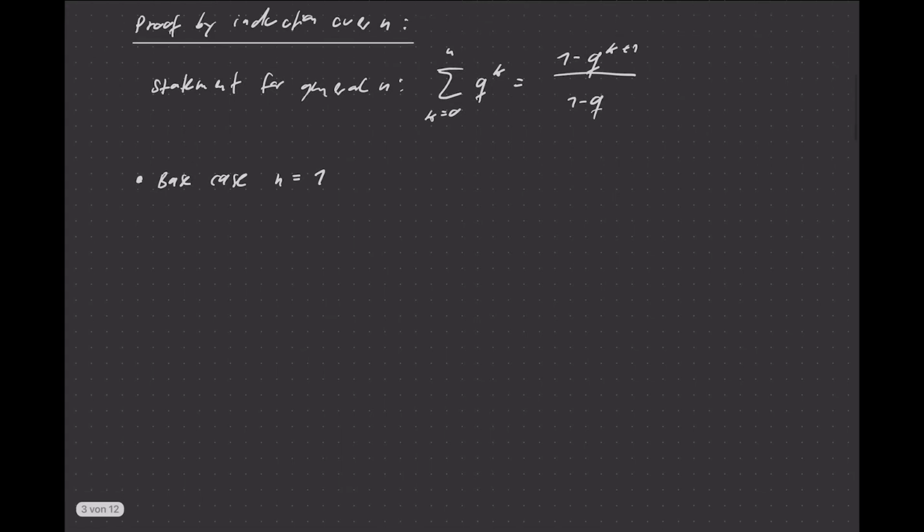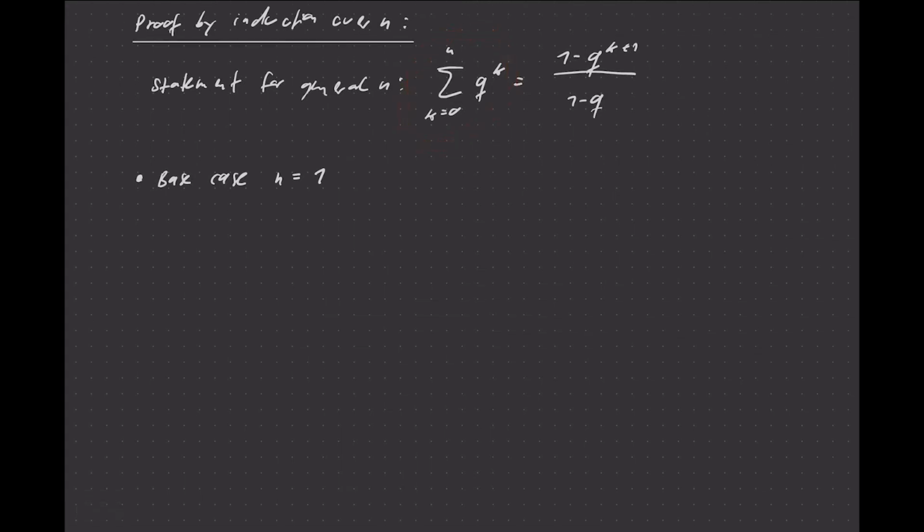So what we do is we take this formula here, and we just substitute 1 for n. So we're using the sum from 0 to 1, this is our n equals 1, over q to the k.